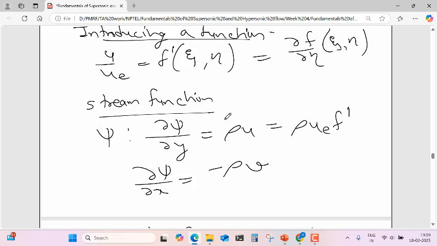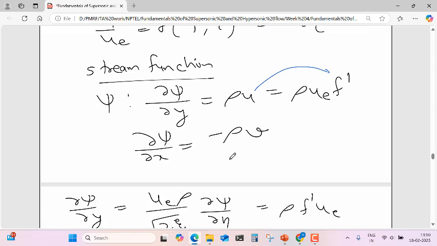It defines the conservation of mass. So ∂psi/∂y equal to rho u equal to rho u_e f dash. We put the value of u from here, and ∂psi/∂x equal to minus rho v.